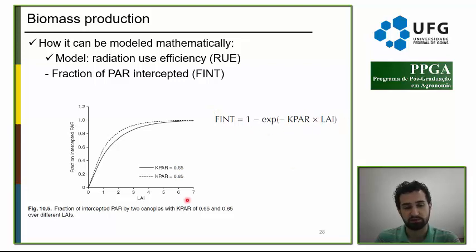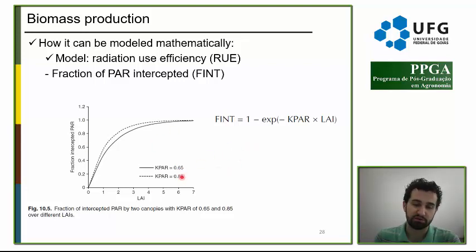following this equation here, where we have the Leaf Area Index that you can simulate in the model, and this parameter that defines the shape of this curve in function of the crop, the type of leaf, the angle of this crop, and the position of the leaf, whether the leaf is more upright or more flat in the environment.